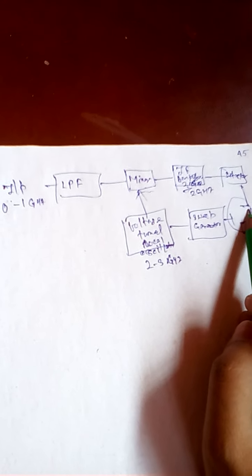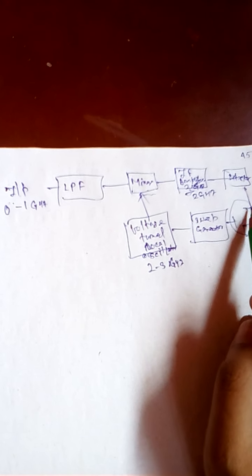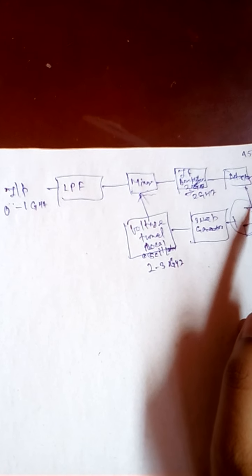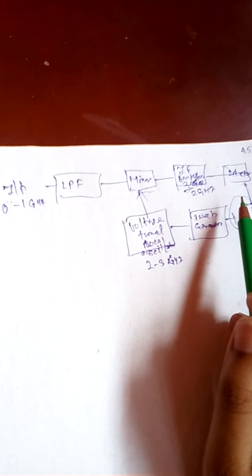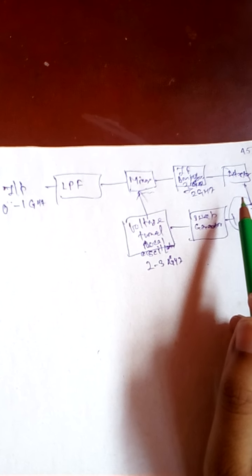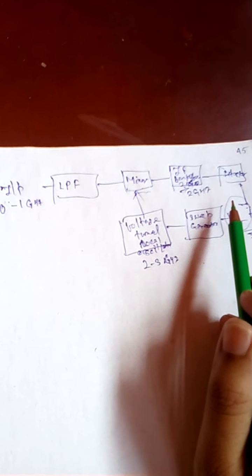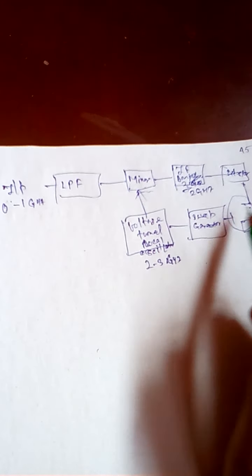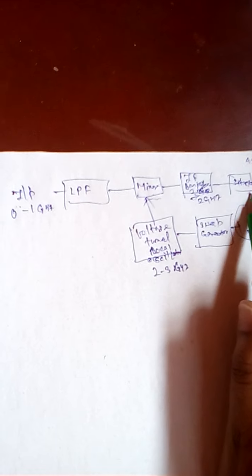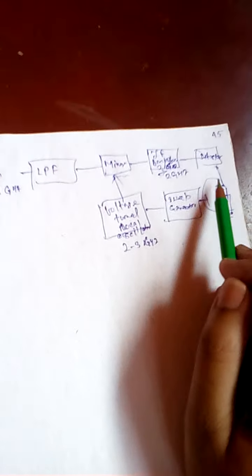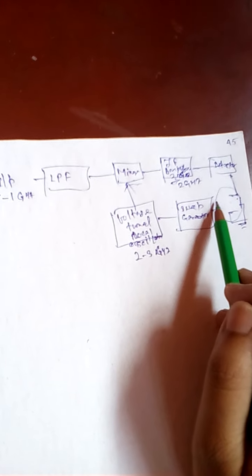If we observe the sawtooth signal, the local oscillator sweeps 2 to 3 gigahertz, tuning the spectrum analyzer sweep frequency linearly from 0 to 1 gigahertz. The sawtooth scanning is applied to the horizontal plate of the CRT. The first one is the vertical axis, and this goes to the horizontal axis.